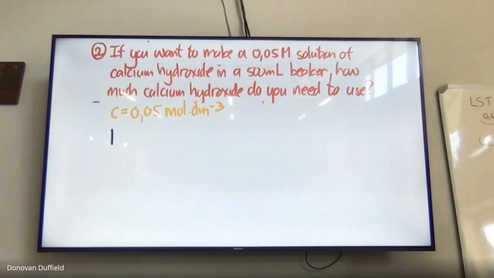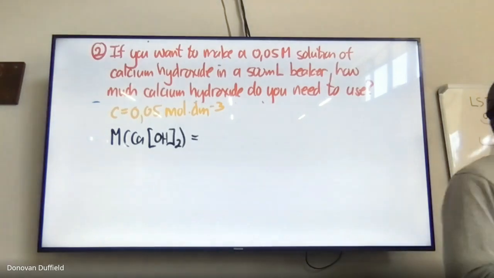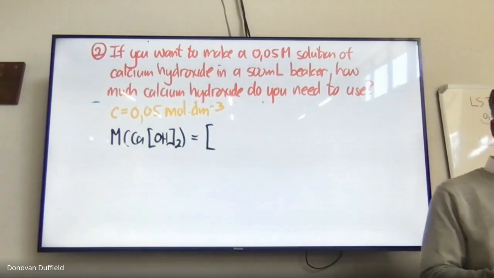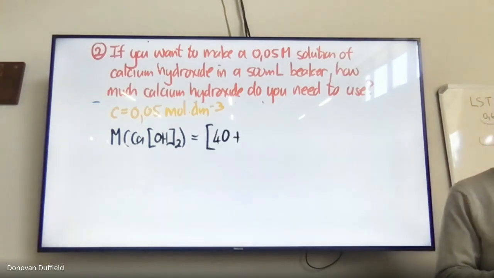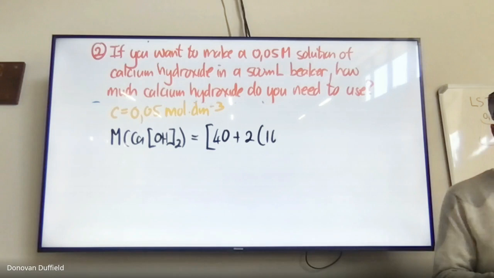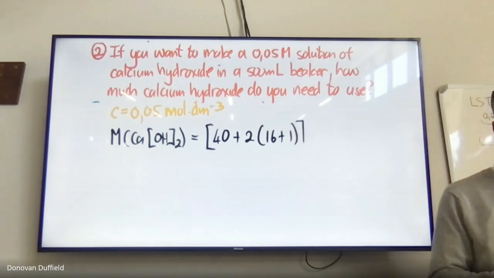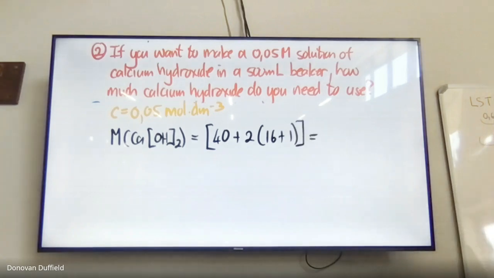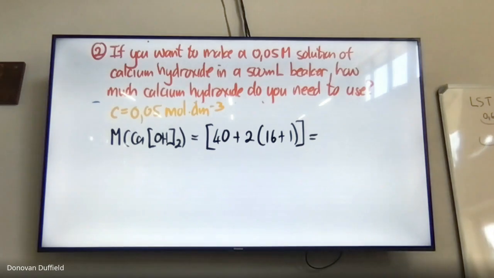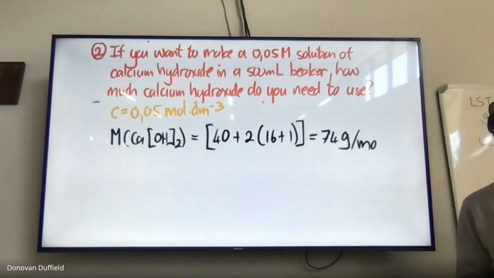We're going to work with the molar mass of calcium hydroxide, Ca(OH)2. The molar mass of calcium is 40, 2 times oxygen is 16, hydrogen is 1. That gives us 2 times 17 is 34, plus 40 is 74. This is 74 grams per mole.